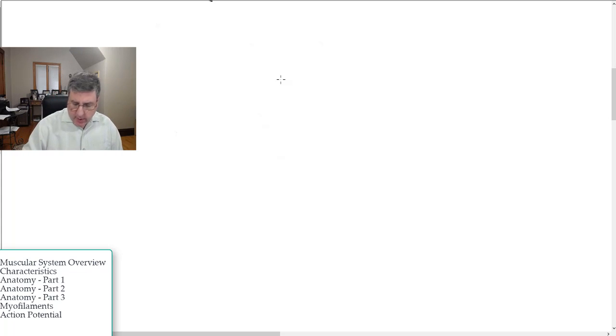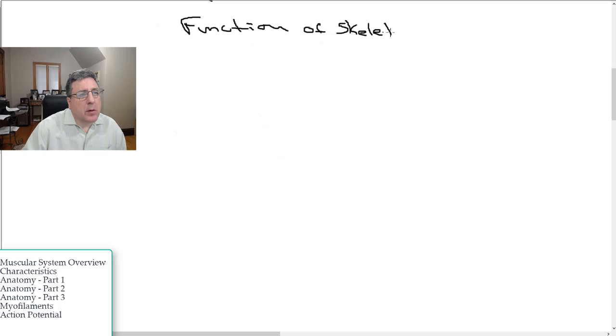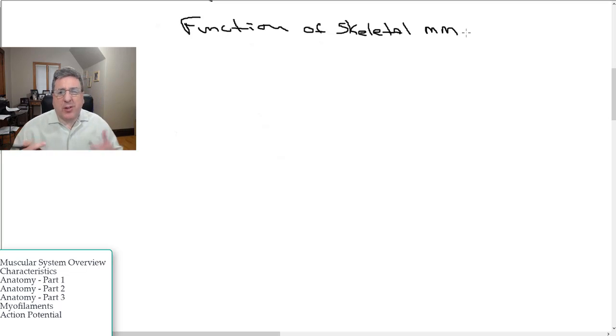Okay, so let's look at function here. And this is function of skeletal muscle. I use MM as an abbreviation for muscle. I do that quite frequently.